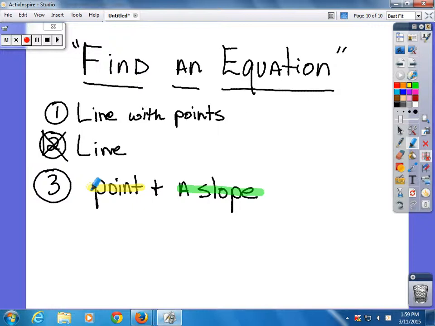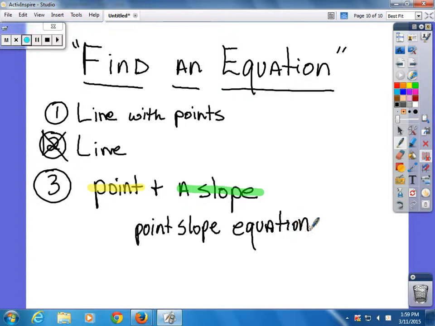If you're given a point and the slope, or if you're given any other of these, you've got to use the point-slope equation. The reason I highlighted the point and the slope is so you can see that in order to use this equation, you've got to have a what?